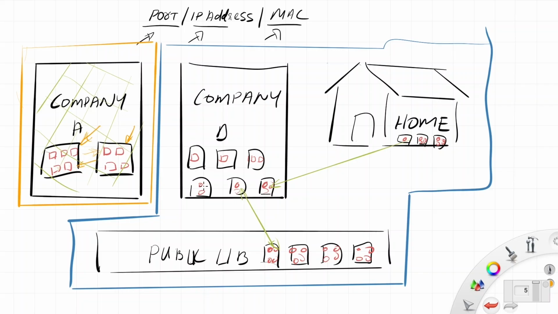Here it's more open, same problem. So many computers are here. Here also there are so many computers. So I'm going to number these computers: 1, 2, 3, 4, 5, 6, 7, 8, 9, 10, 11, 12, and 13. So a total of 13 computers can communicate with each other in this blue network perimeter.